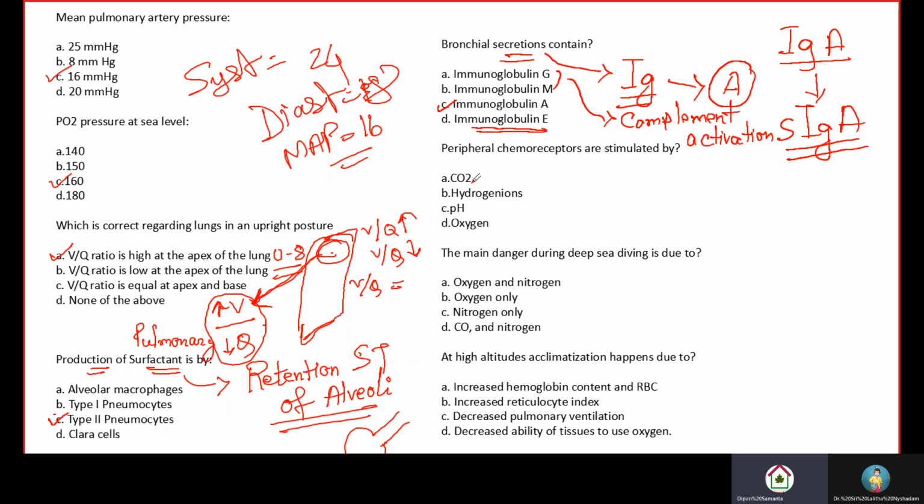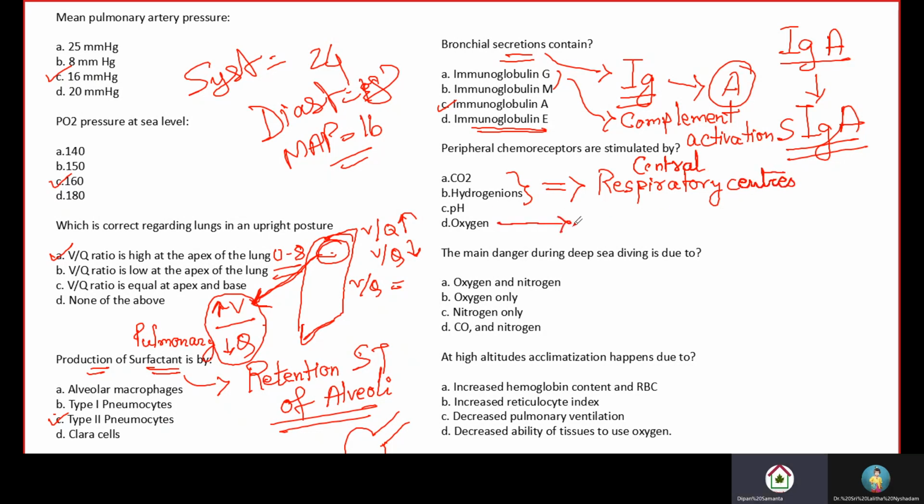So carbon dioxide and hydrogen act directly on the central respiratory centers.